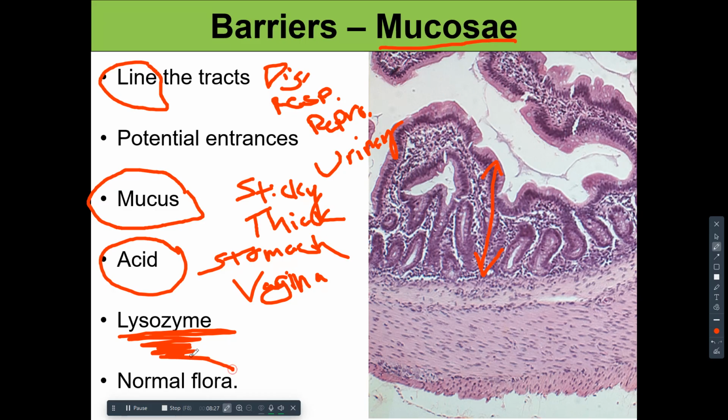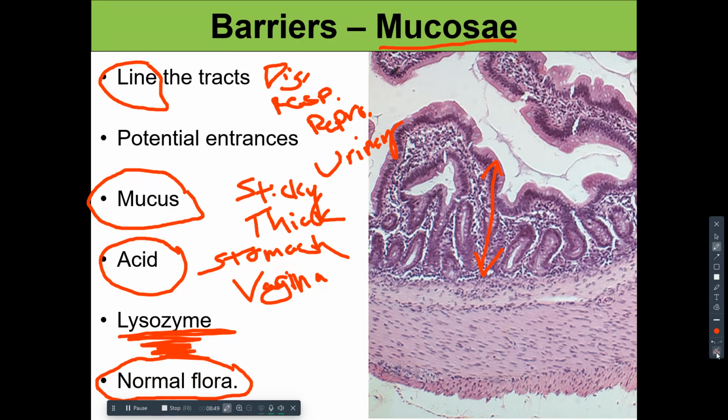Plus, we have normal flora in all of these tracts, within all of these mucosae. And those normal flora, as on our skin, are competing with, quote unquote, bad bacteria for resources. So we don't always mind the good bacteria.